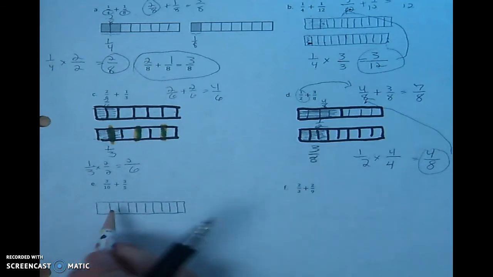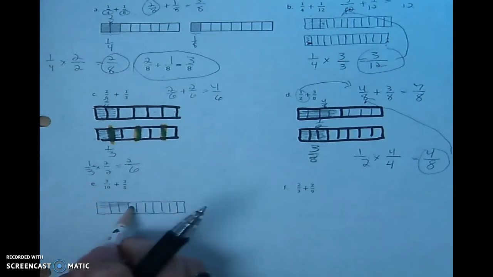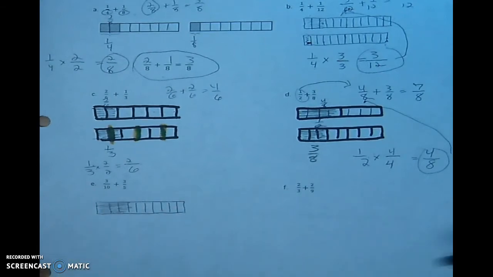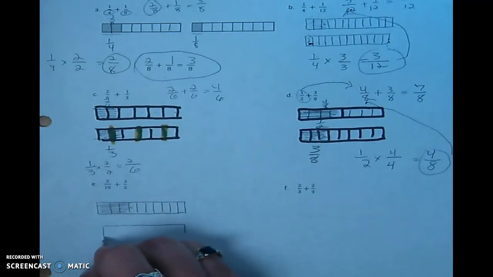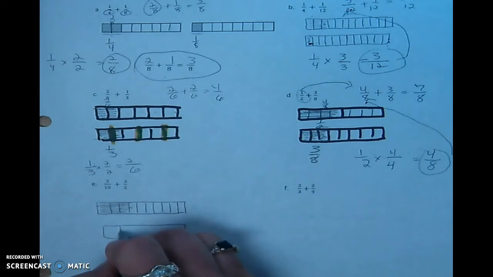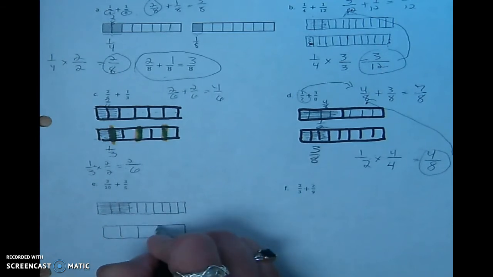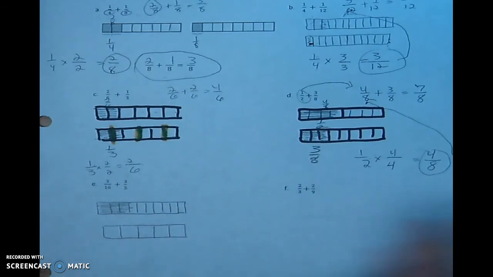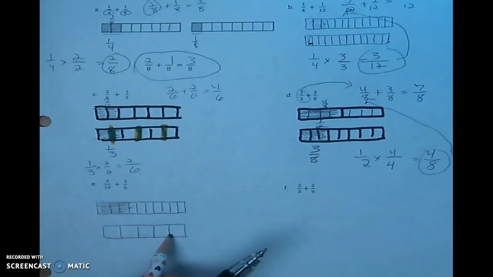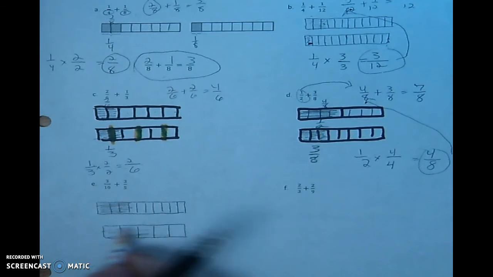I'm going to take my pencil and shade 3 of those tenths. Then I'm going to make another one and make it into fifths. 1, 2, 3, 4. So that makes it into fifths, and I'm going to shade 3 of those to make it 3/5.